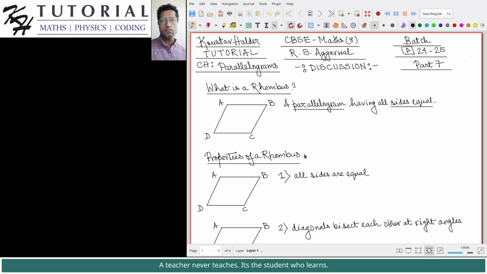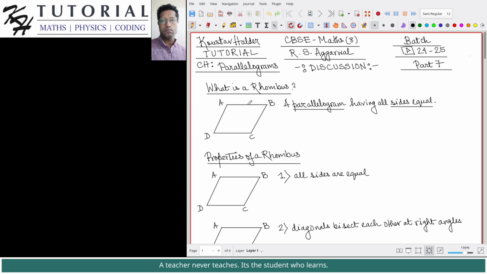A rhombus is a parallelogram where all the sides are equal. So basically it's a parallelogram, but additionally all the sides must be equal. Here ABCD is a parallelogram and also a rhombus.